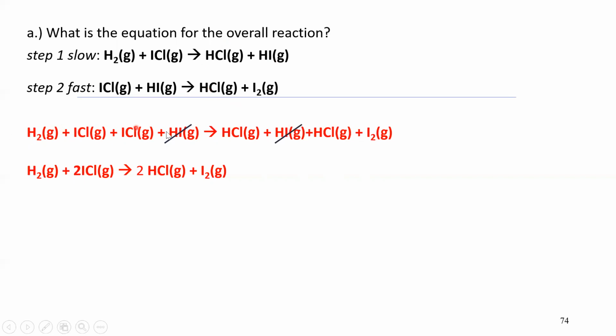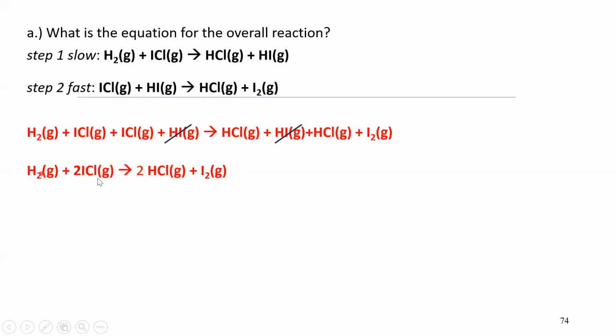Now, when we add up the two steps in the reaction mechanism, we have HI here, which is produced in the first step. And we have HI here, which is consumed in the second step. It's an intermediate. We don't include intermediates in our overall reaction. We just cancel them out. So this is the overall reaction for this mechanism.